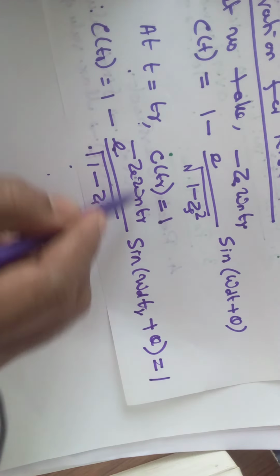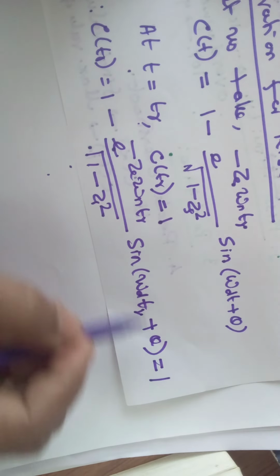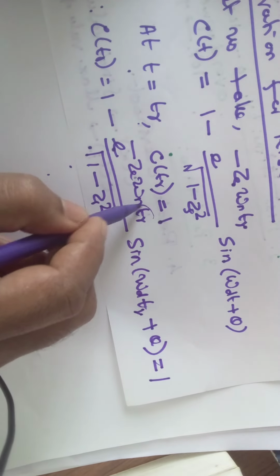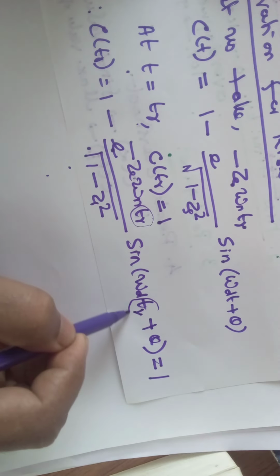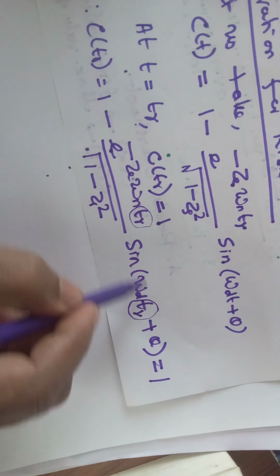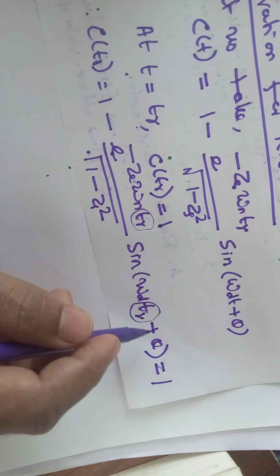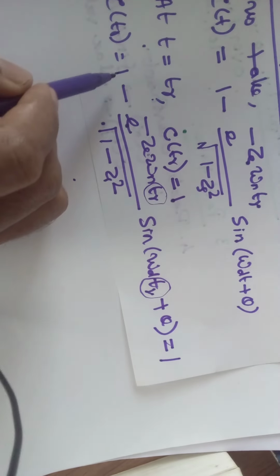So you equate this value to 1 and replace all t's with tr. Understood? And from this you need to calculate the value of tr. So we can cancel out this 1 and this 1. Therefore the remaining thing is, let us see.